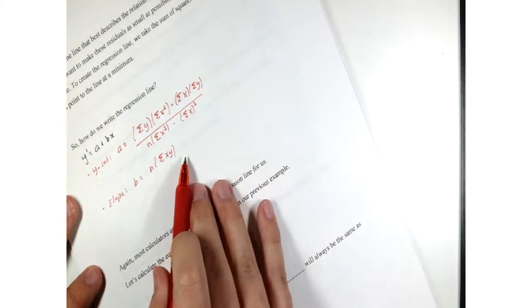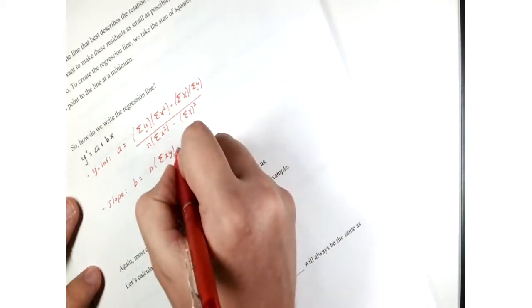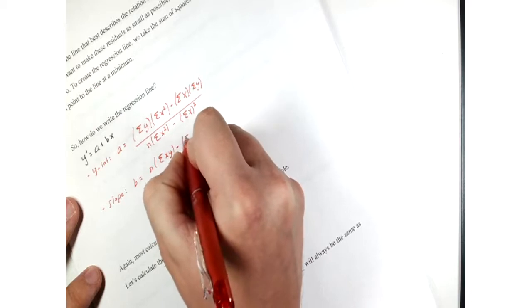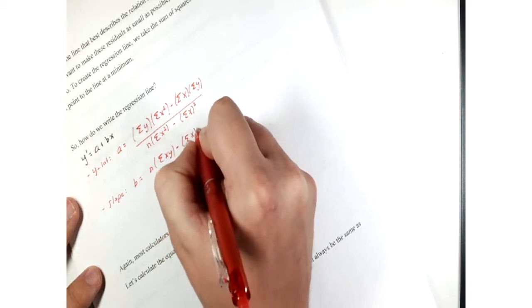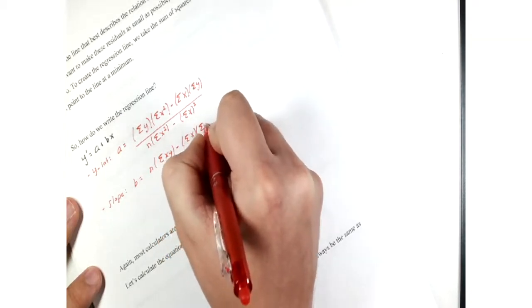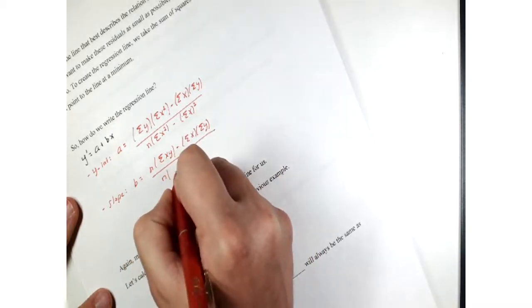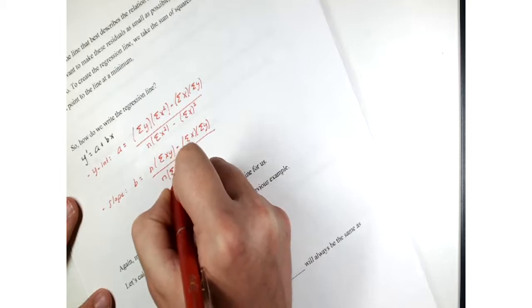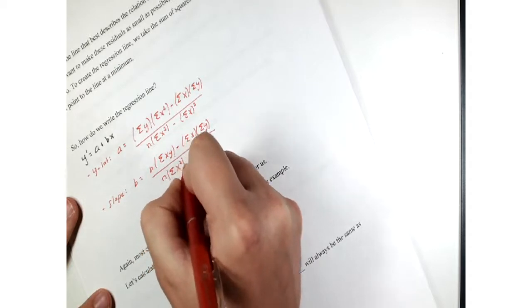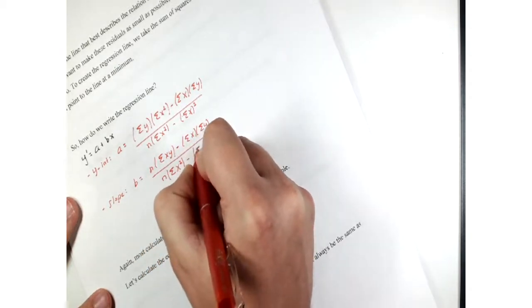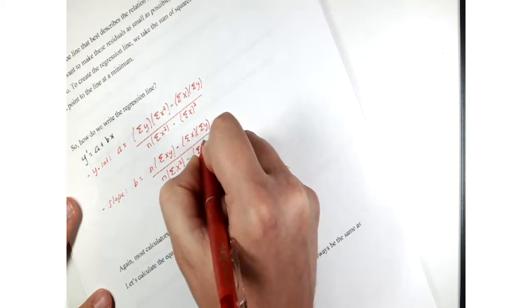So it takes each x and y, multiplies them, and then adds them, minus the sum of the x's times the sum of the y's, and then divides by the same denominator as above. So that's n times the sum of the x squared minus the corresponding sum of the x's, that quantity squared.